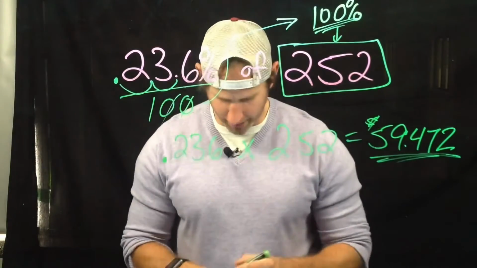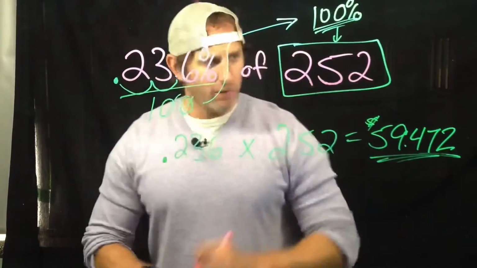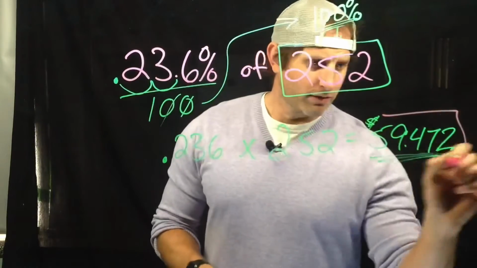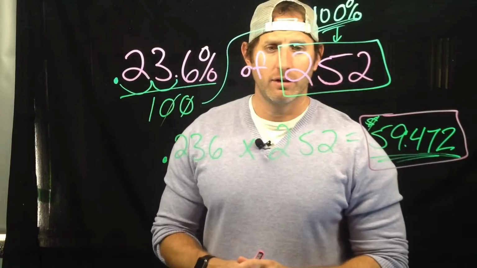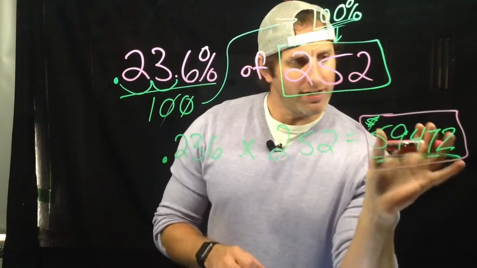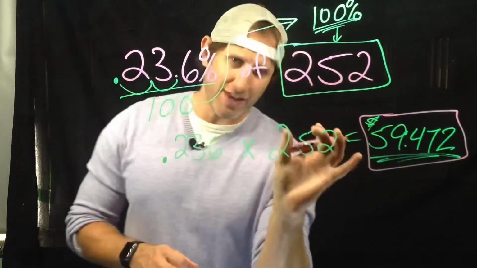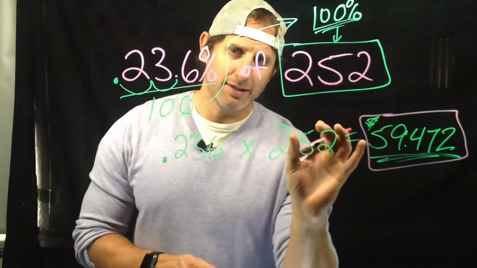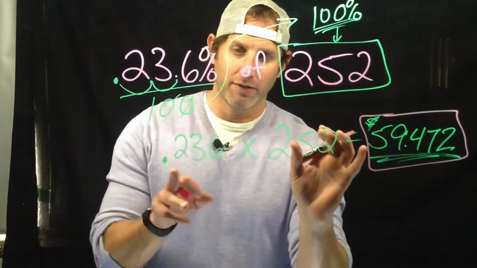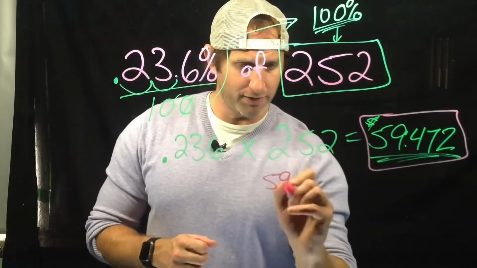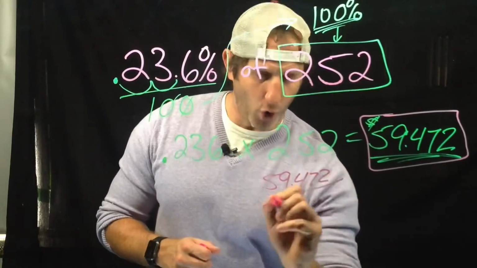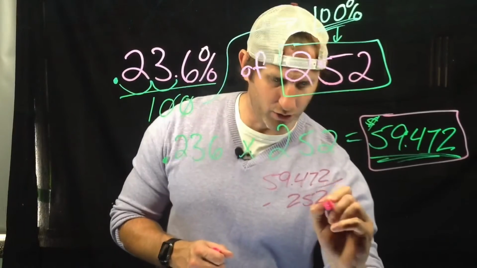Let's switch over to pink here. Now that I have this number right here, I can do something with it. I can take this chunk out of this total and see if I get the number that was here. So what does that look like? Well, it looks like this. 59.472 over 252.